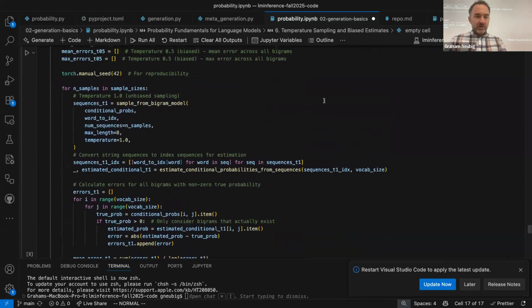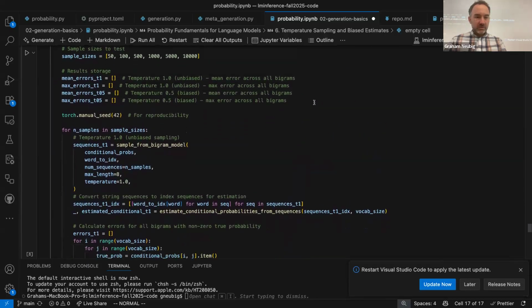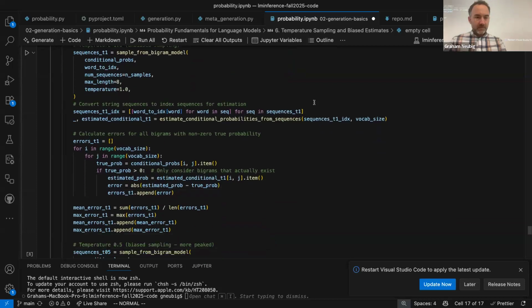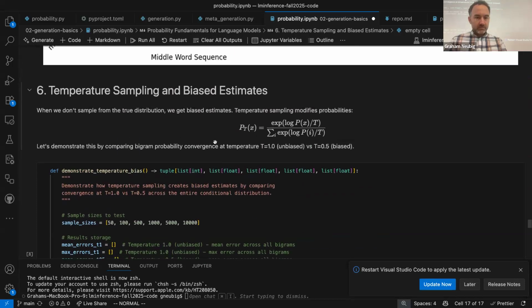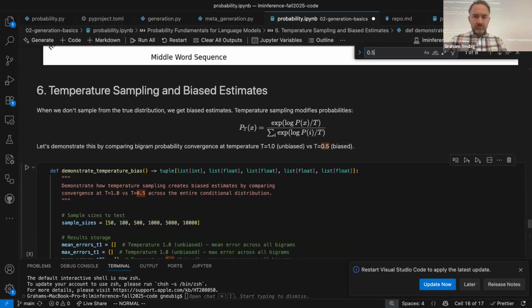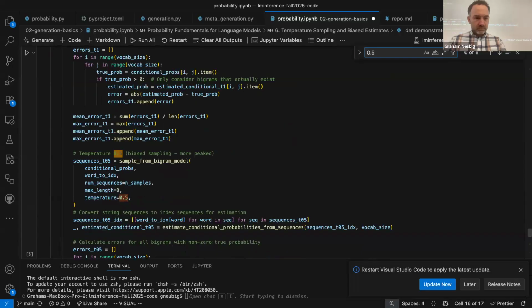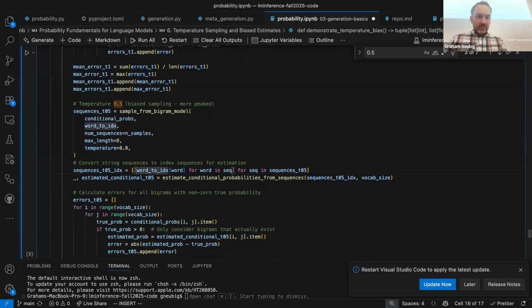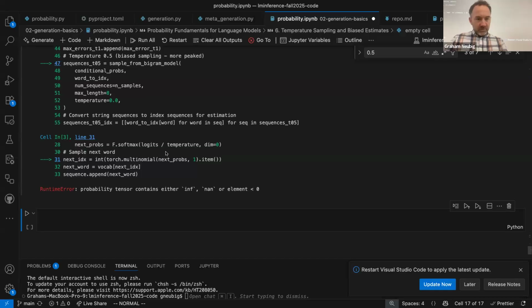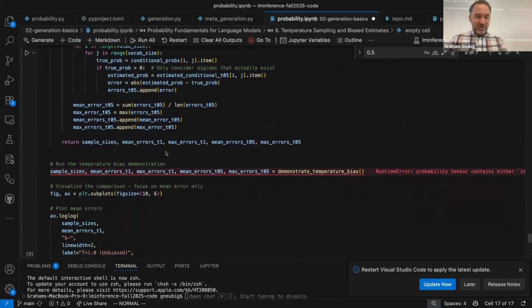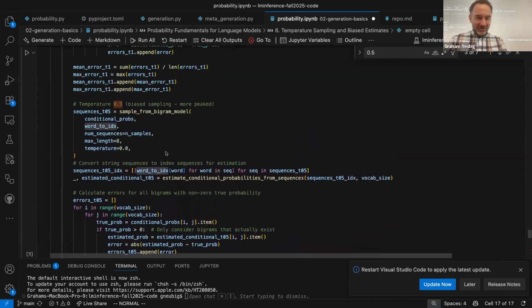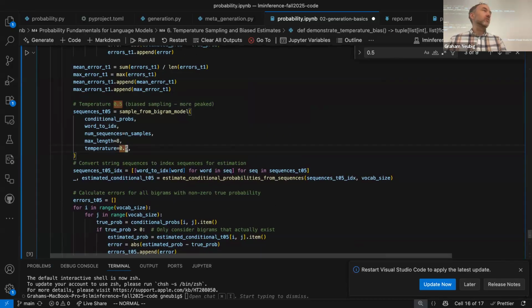Let's see. My code was not robust to sampling from zero, but if you did greedy, it would be even more biased.